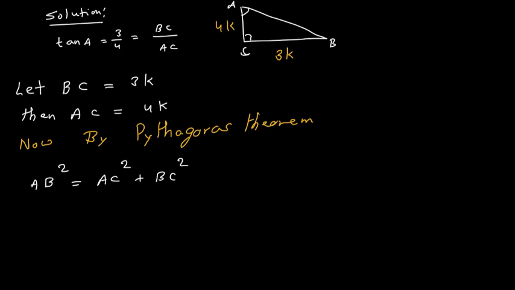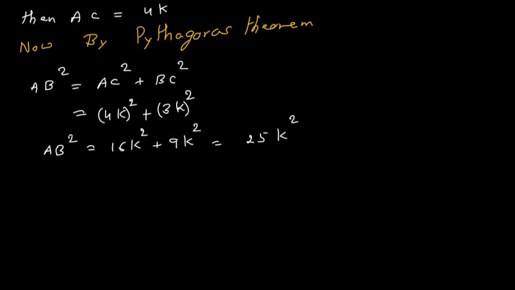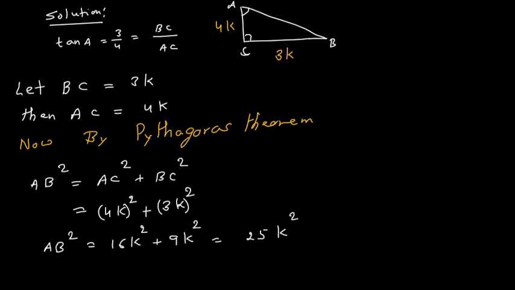So AB square is equal to the value of AC, which is 4K, so this is 4K square, and BC is 3K, so this is 3K square. So 4K the whole square plus 3K the whole square. So this becomes 16K square and this becomes 9K square. So 16 plus 9 is 25. So the value of AB square is 25K square.